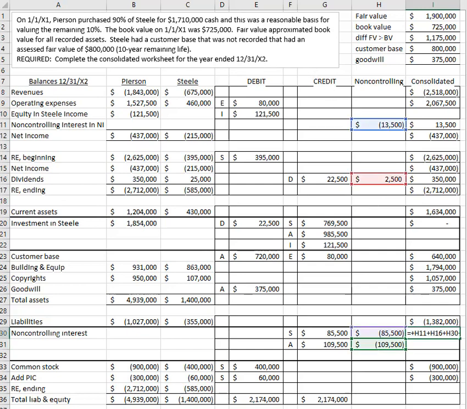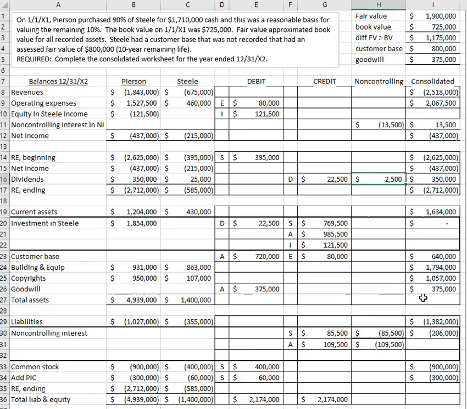So that's unusual. You haven't seen that worksheet worked before with the non-controlling interest. But at purchase, these 2 would set up that credit in the non-controlling interest, and it goes up using a credit for their share of the subsidiary's net income and down for their share of the subsidiary's dividends.